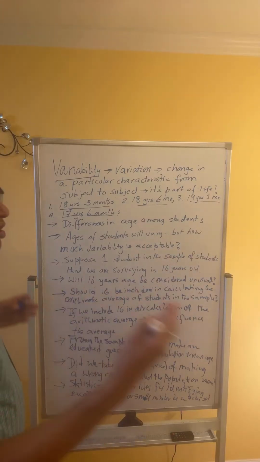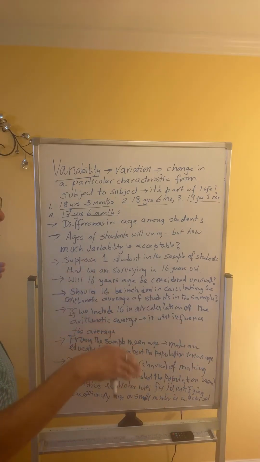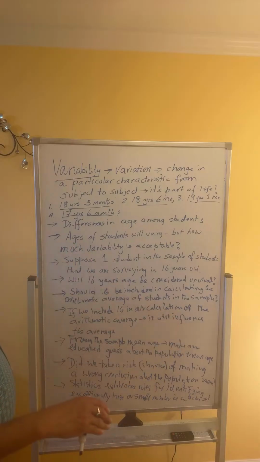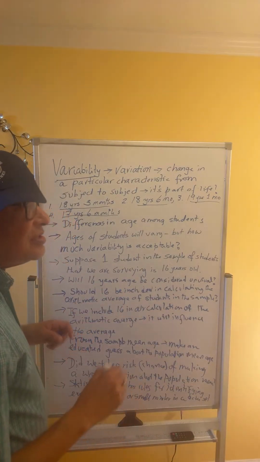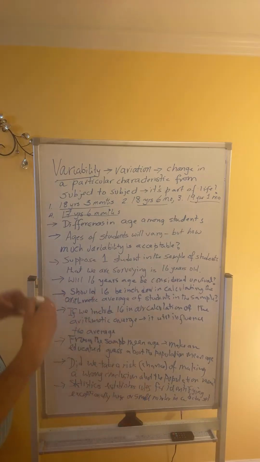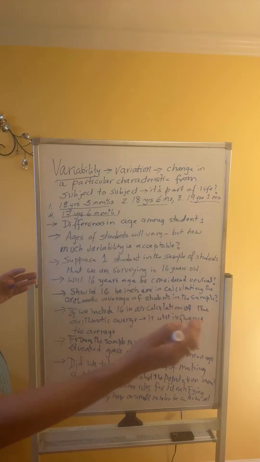Now, there is a normal range of ages. Suddenly, if we get a too small number as an age of a particular student who is much younger than the rest, then if we include that younger student's age in the calculation of the average age of all the students in the sample, the younger student's age will pull the mean towards it.